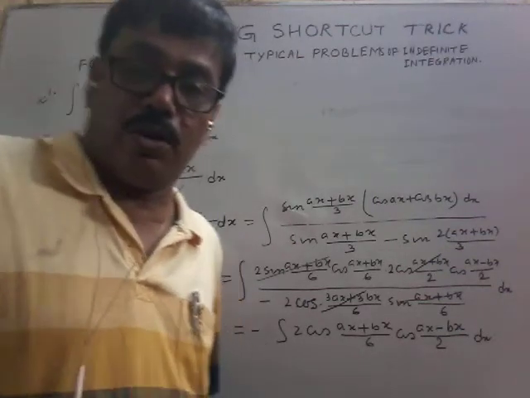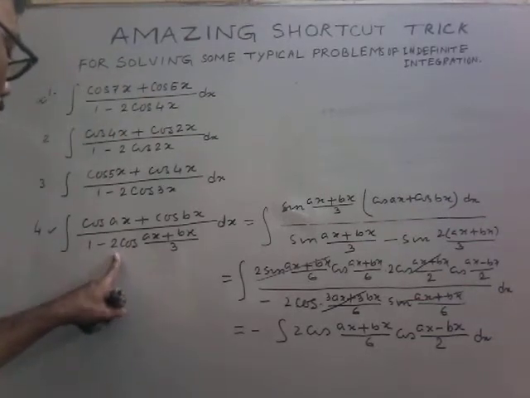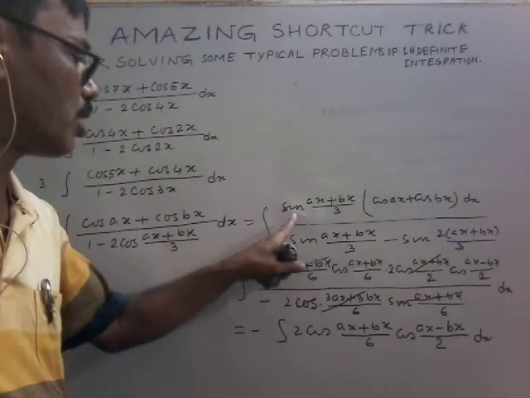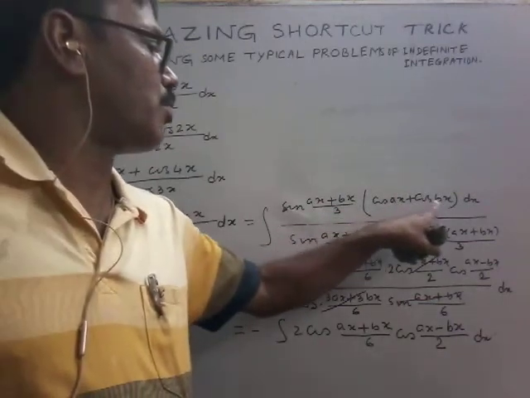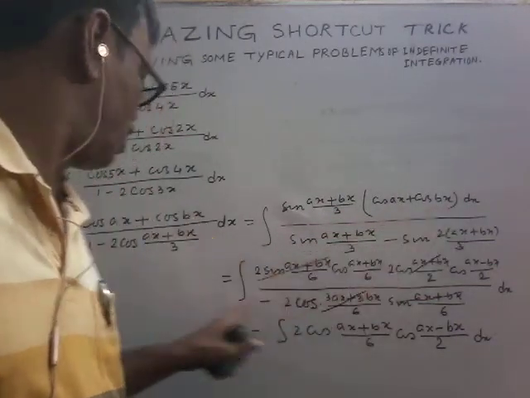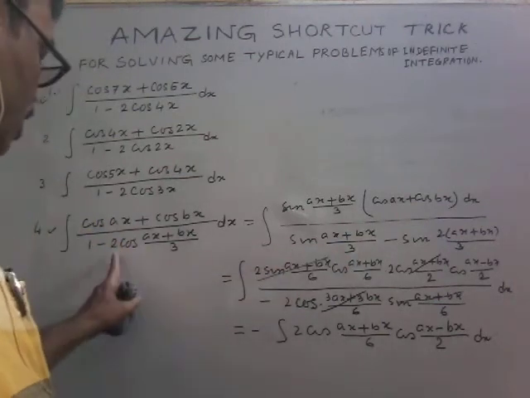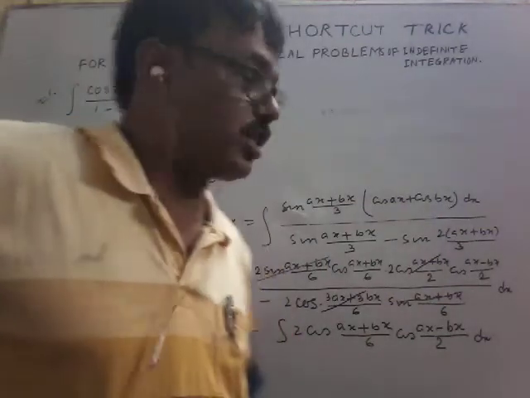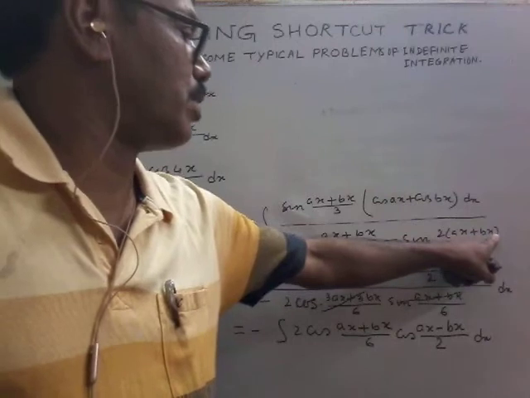What is our rule? You have to multiply numerator and denominator by 2 sin((ax + bx)/3). In the denominator, sin((ax + bx)/3), cos((ax + bx)/3) unchanged, sin((ax + bx)/3), and this is the formula 2 sin a cos a, that is sin 2a, sin(2(ax + bx)/3).